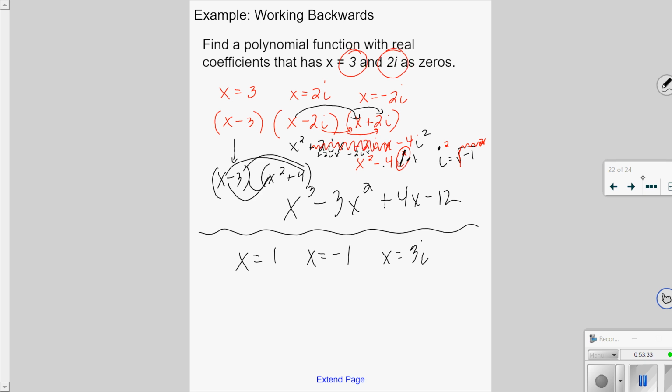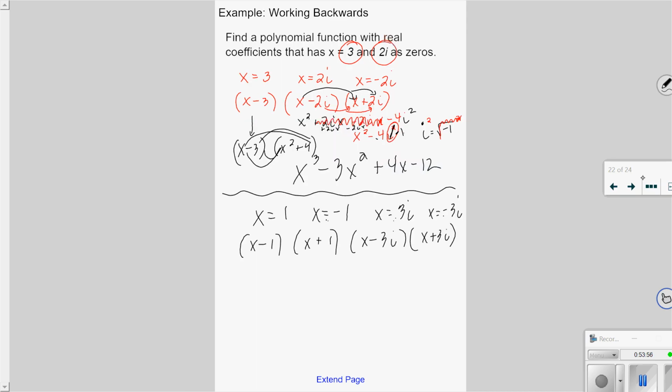Negative 3i. So this one's going to be a little more work, right? Because there's 4 of them. So factor x minus 1. Factor x plus 1. Factor x minus 3i. Factor x plus 3i.